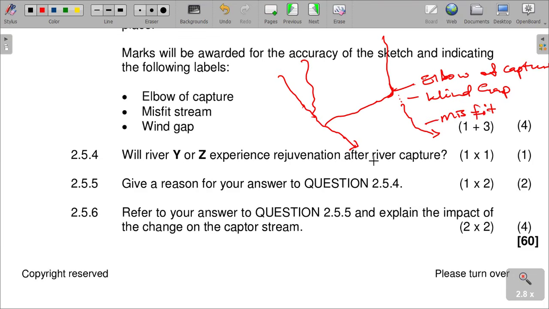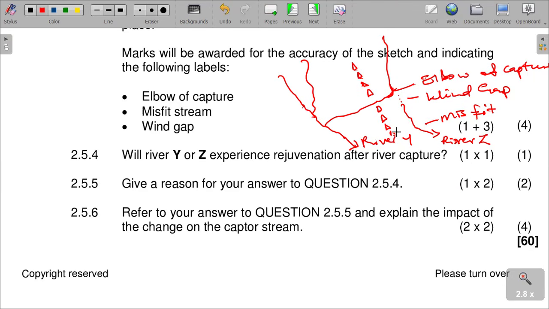So I can say again, this is our river Z, and then river Y that was shown there. And then we can also have this. So what is happening is just a small diagram like that.